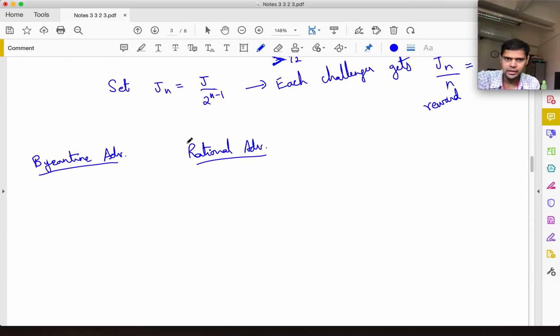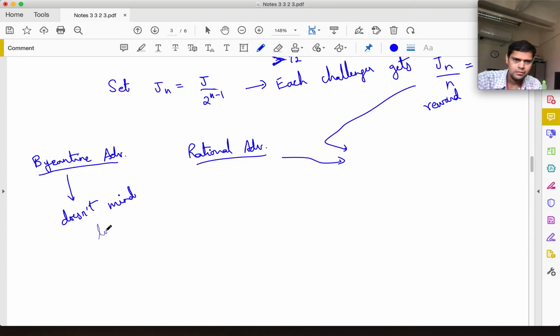And so for a rational adversary with this scheme, he is not going to submit multiple challenges, right? But a Byzantine adversary doesn't care about losing money. Okay. So is this scheme going to work in this case?